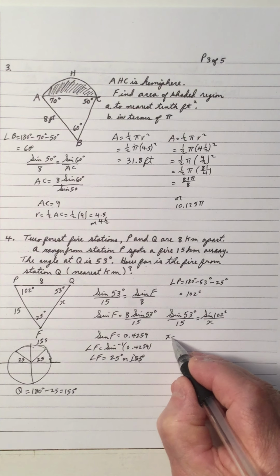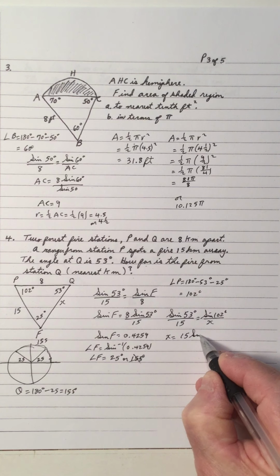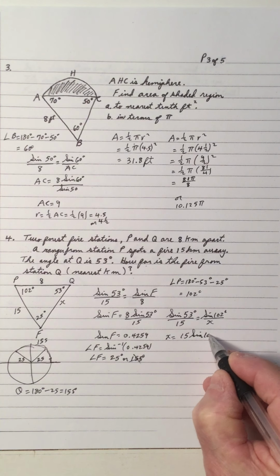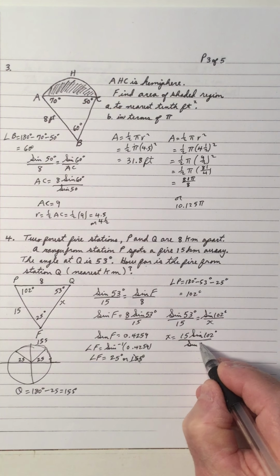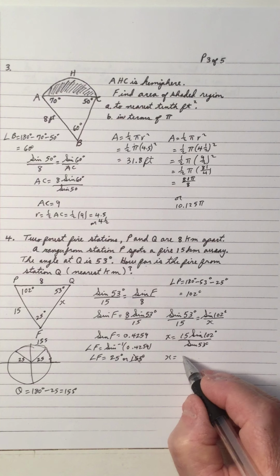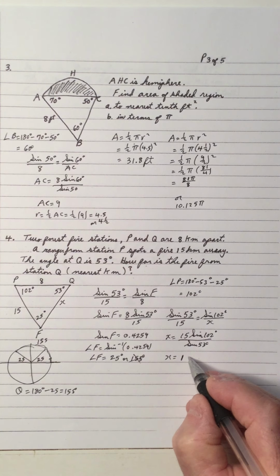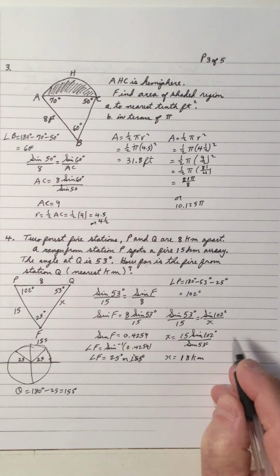Again, cross multiplying, x is equal to 15 sine 102 divided by the sine of 53. And x comes out to be, to the nearest kilometer, 18 kilometers. And we have this worked out. Okay, let's continue.